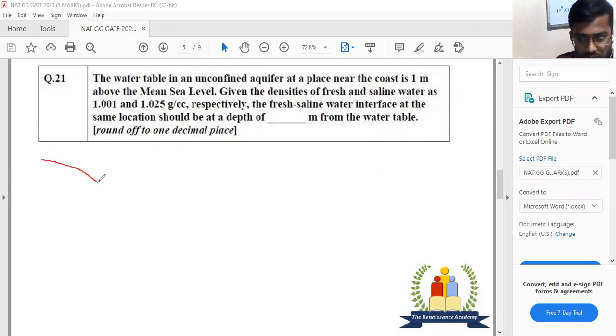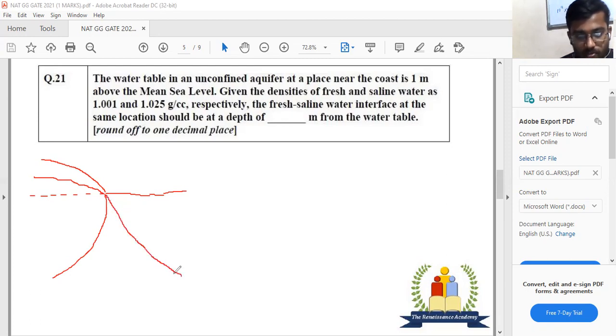Let's say this is your surface. This is your sea level. And this is your water table. So this distance is your hf, and it is given as 1 meter.